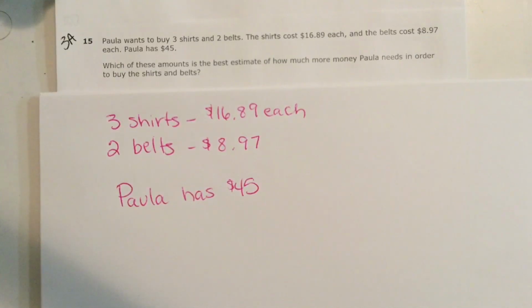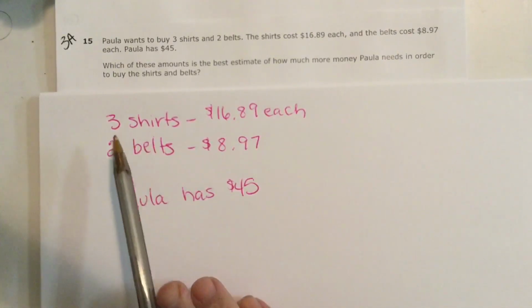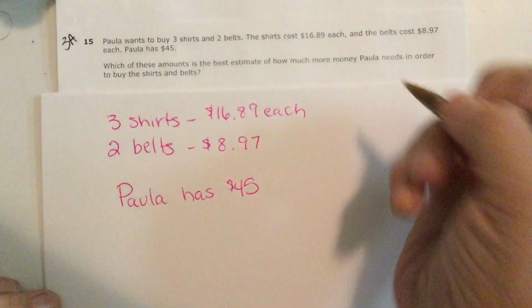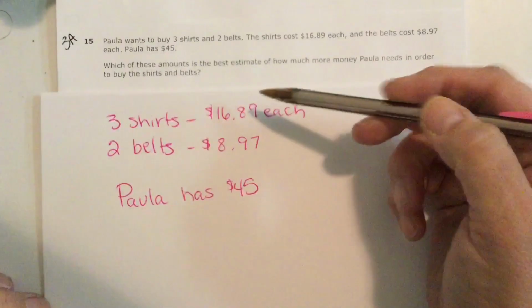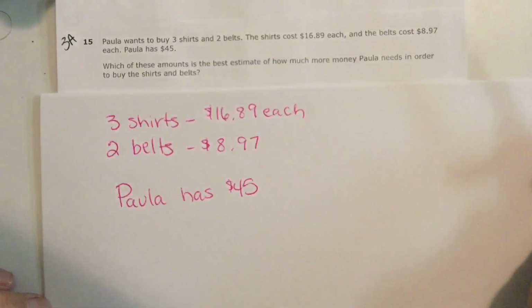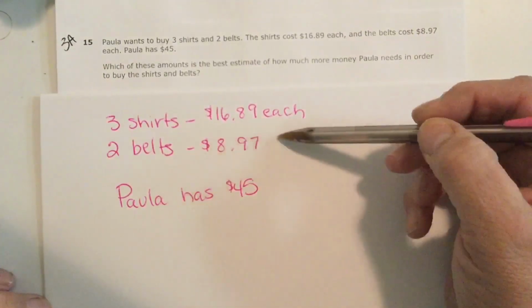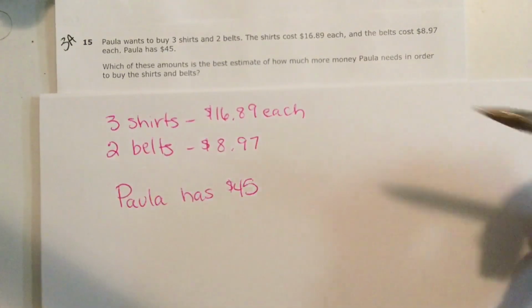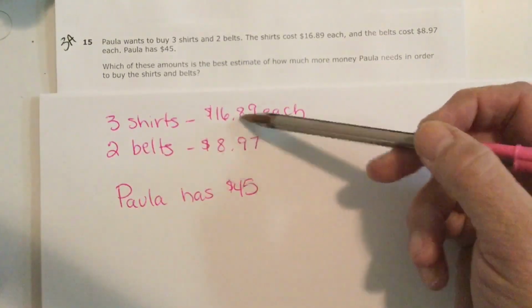Okay, so on this first one, I'm gonna tell you the answer. This is what you should be doing. Okay, so I know that she wants to buy 3 shirts for $16.89. So you would tell me that she's going to multiply 16.89 times 3. Then she's going to multiply 8.97 times 2. Then you would tell me that she is going to add those 2 numbers together.